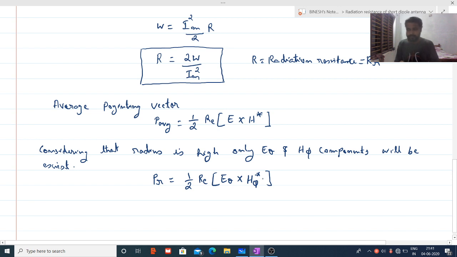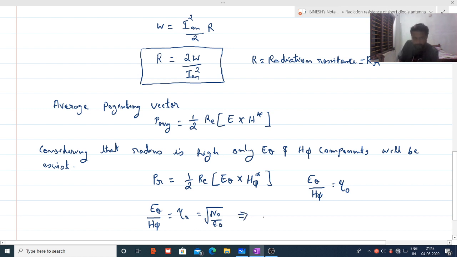But in general, E theta by H phi is nothing but the intrinsic impedance eta naught, that you should keep in mind, which is nothing but root of mu naught by epsilon naught, which implies E theta equal to eta naught into H phi. Keep in mind.